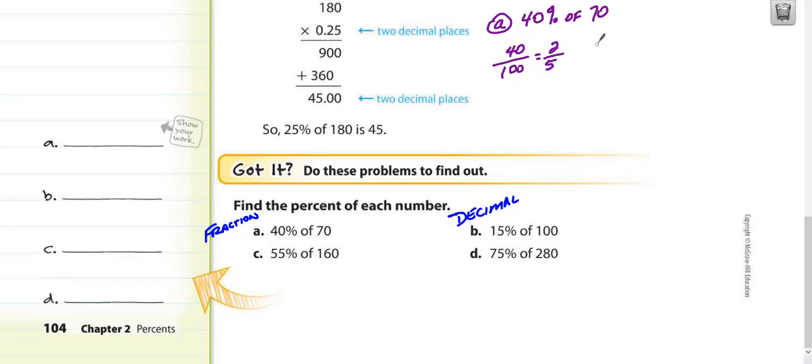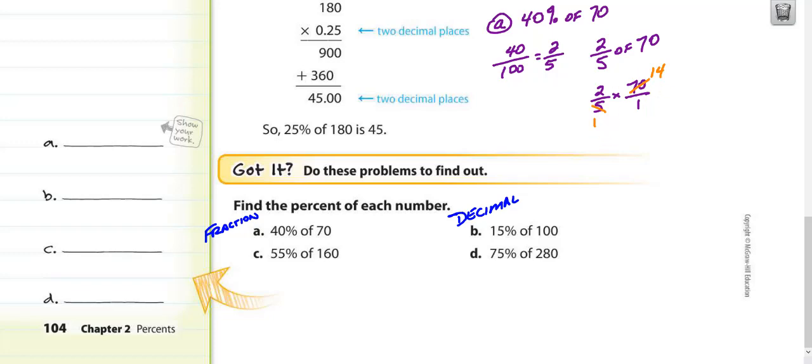So now we have 2/5 of 70, which is 2/5 times 70 over 1. 5 goes into 5 one time. 5 goes into 70 14 times.